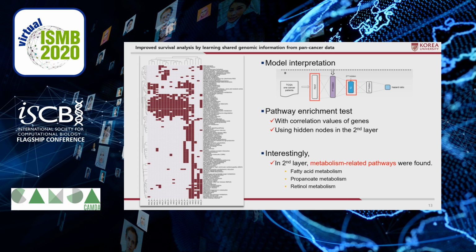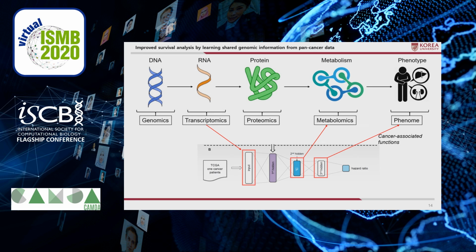Then, what about the second layer? I did exactly the same analysis for the hidden nodes of the second layer, and I found metabolism-related pathways, including fatty acid, propanoate, and retinol metabolism. I think it's a very interesting result, because we all know the central dogma in molecular biology: the DNA information, including mutation and copy numbers, affects RNA transcription, and the number of RNA transcripts is correlated to the protein abundance.